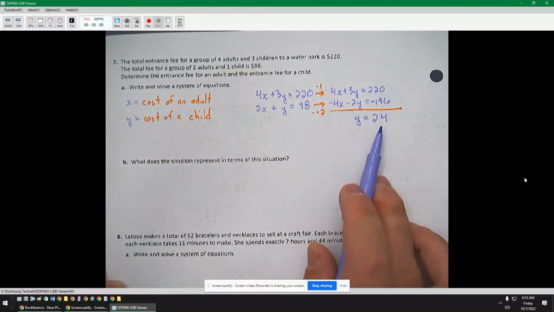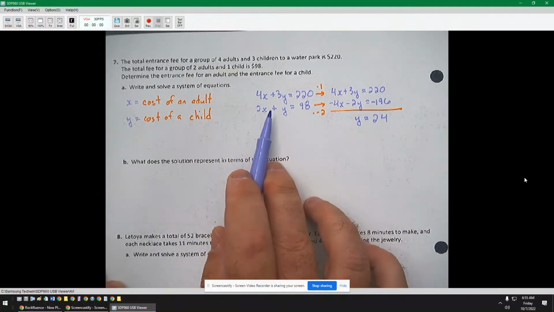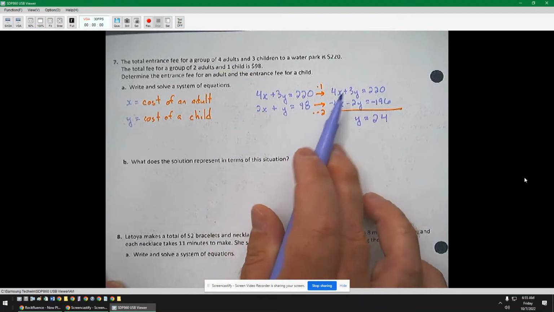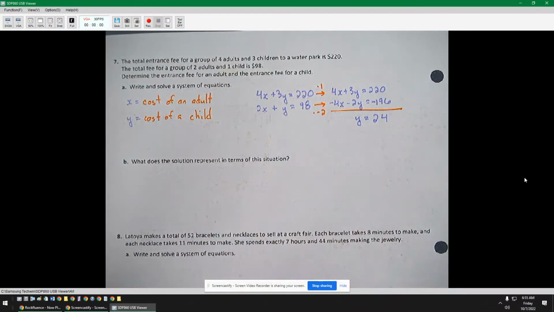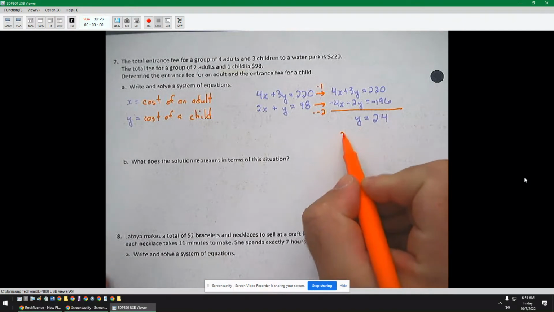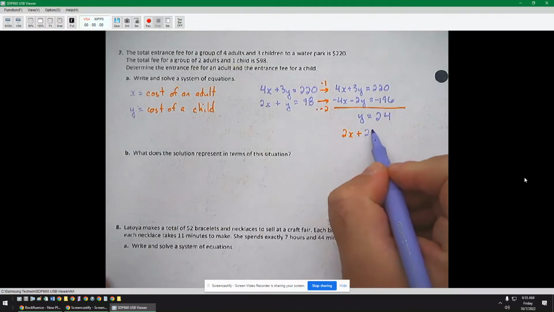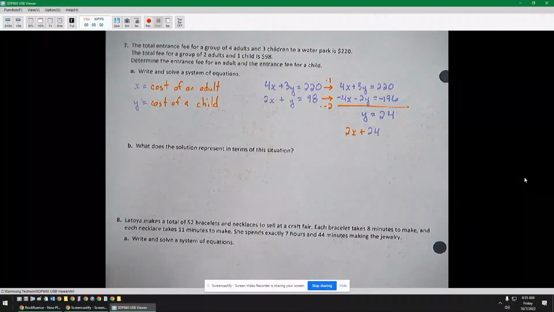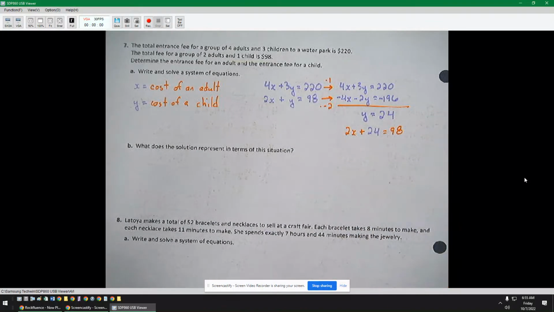If we know what y is, I can take that y value, plug it back in and figure out what x is. I'm going to use this one. I could use any of these 4, but I'm going to use this one because it looks like it's got the simplest stuff. So that would be 2x plus, we just learned y was 24, equals 98. 24 is the farthest thing away on the same side, so I would subtract it.